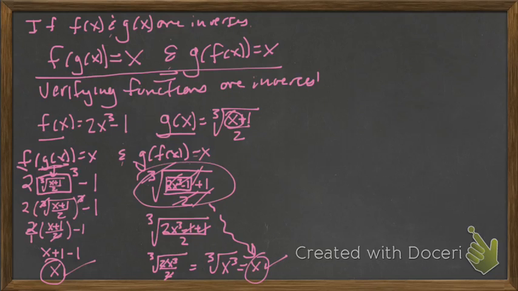You want to go step by step so I can see how you simplify using the correct order of operations. You wouldn't want to just go, oh yeah, these things cancel, and oh, the answer I know is x. I will not give you credit. You need to make sure you show me how we can simplify step by step, and I know you're doing the right order of operations.